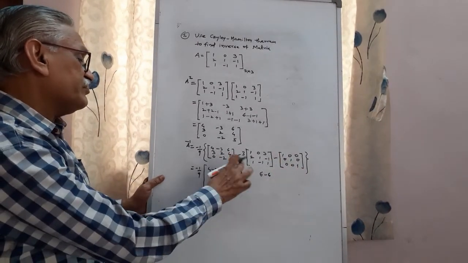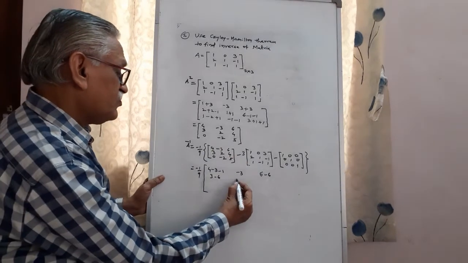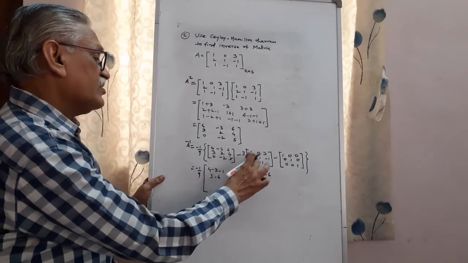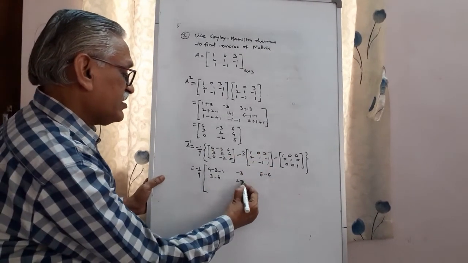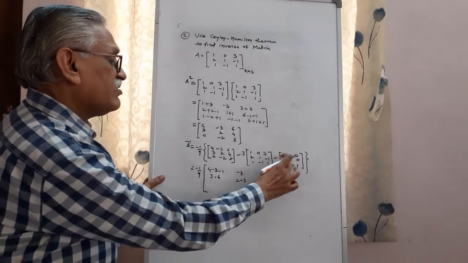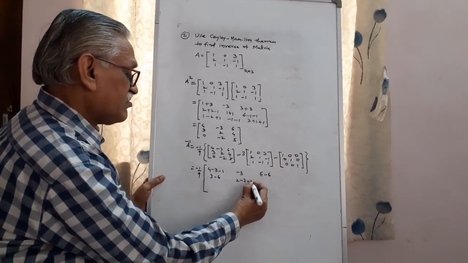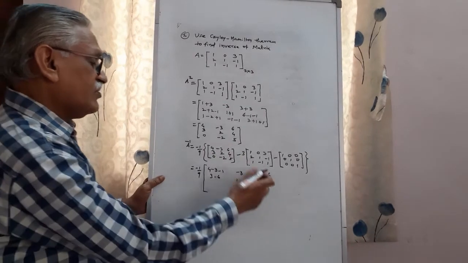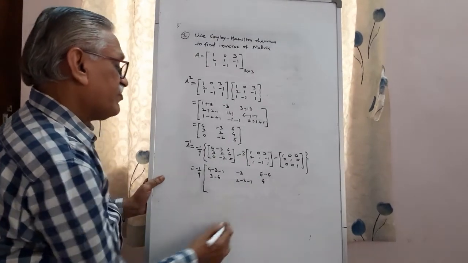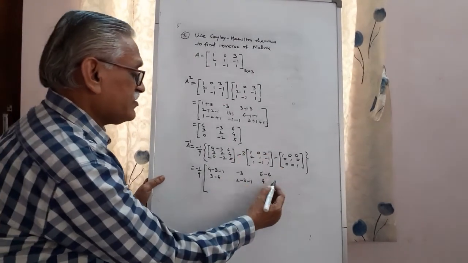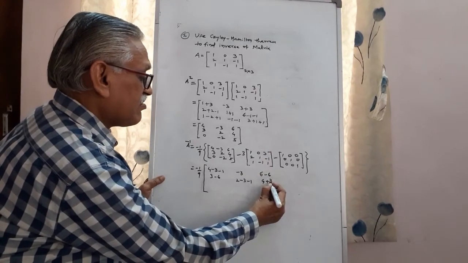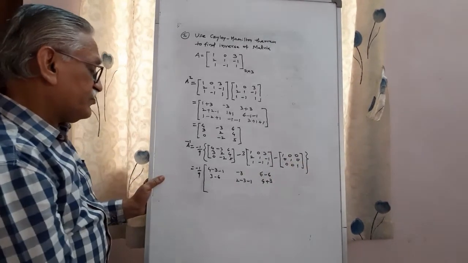Then next 2, 3 ones are 3, minus 3 and minus 1. Then 4, plus 3 and 0.